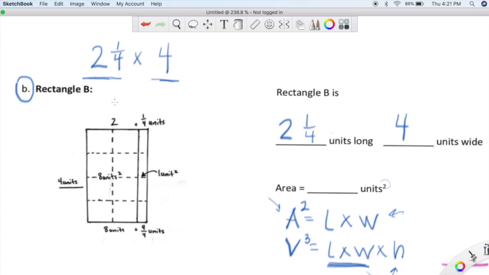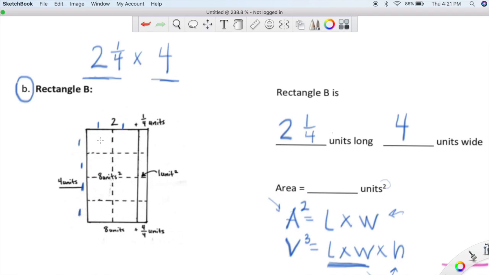We are going to do that by labeling this rectangle a little more extensively. So 2 consists of 1, 2 whole numbers and a fourth, and then 4 consists of 1, 2, 3, 4 whole numbers. So let's multiply.